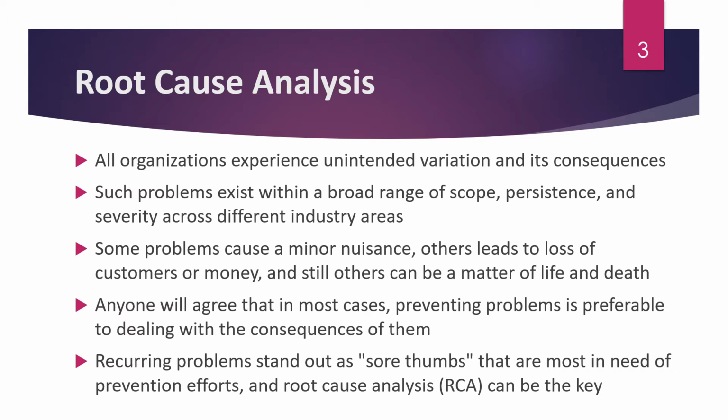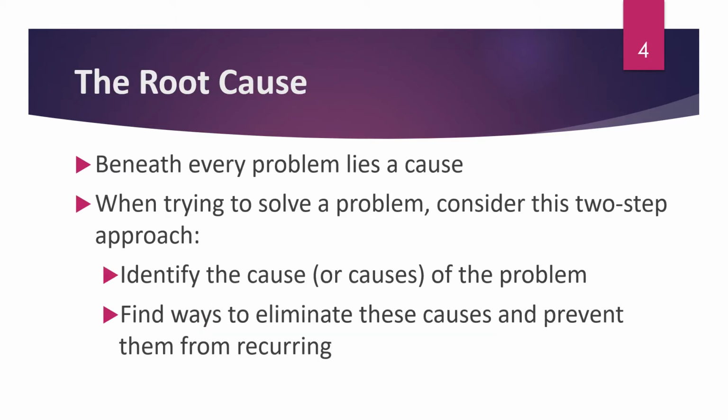However, whenever you have recurrent problems that stand out like sore thumbs, these are probably the things that you're going to need the most prevention efforts for, and that's where RCA, or a root cause analysis, can be important. So root cause analysis, as you can tell, can happen essentially after something happens. Behind every problem lies some kind of cause or causes.